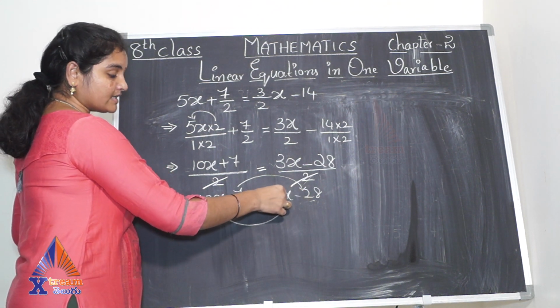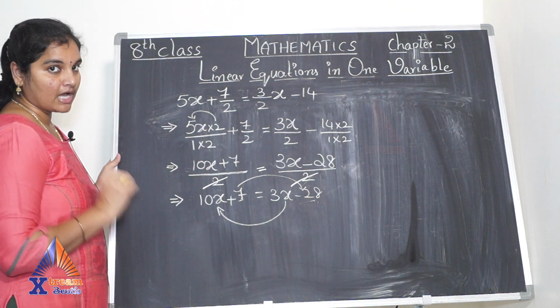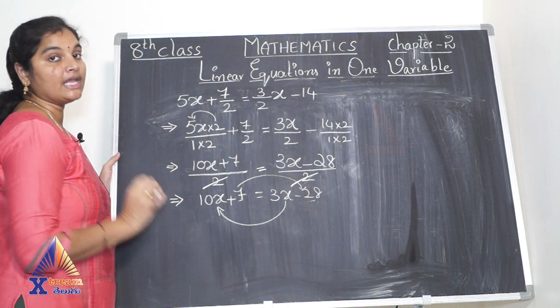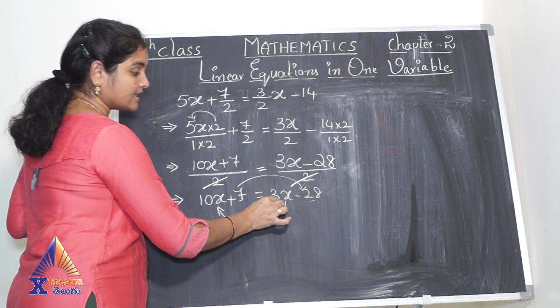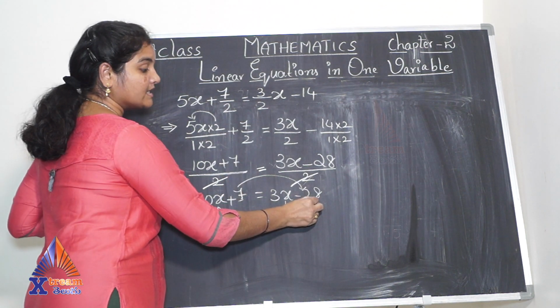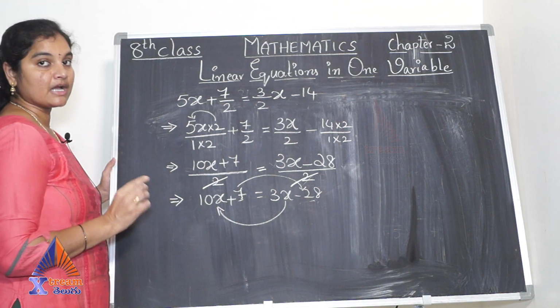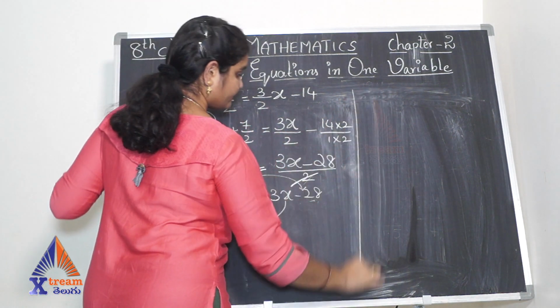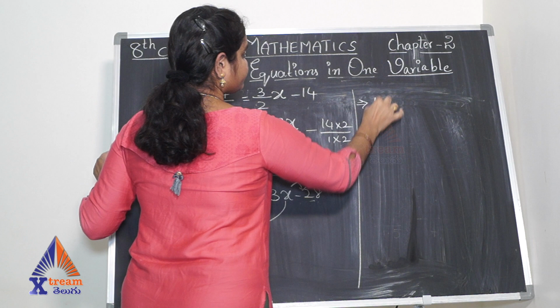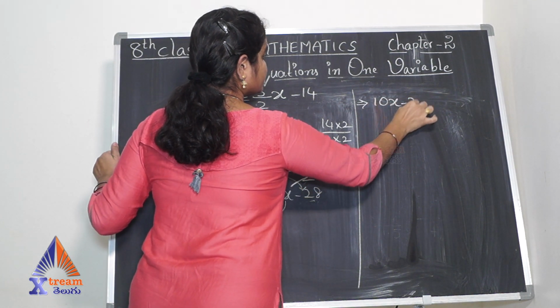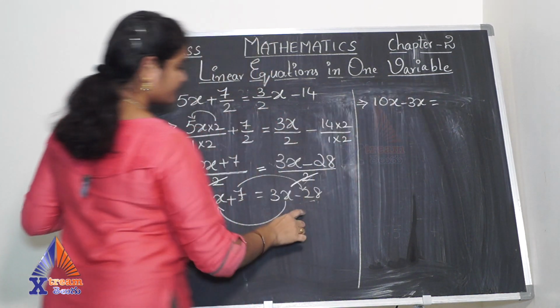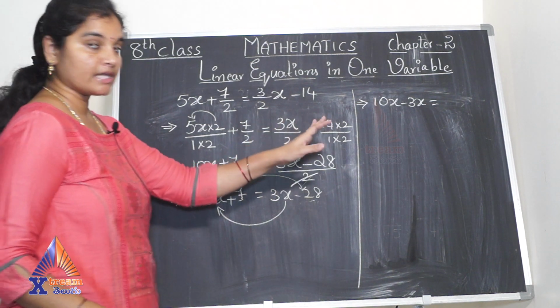So this plus 3x when it comes to this side becomes minus 3x, because 3x is added to minus 28. That's the reason plus 3x comes here and becomes minus 3x. We get it this way. 10x minus 3x is equal to, we have minus 28 on the other side.